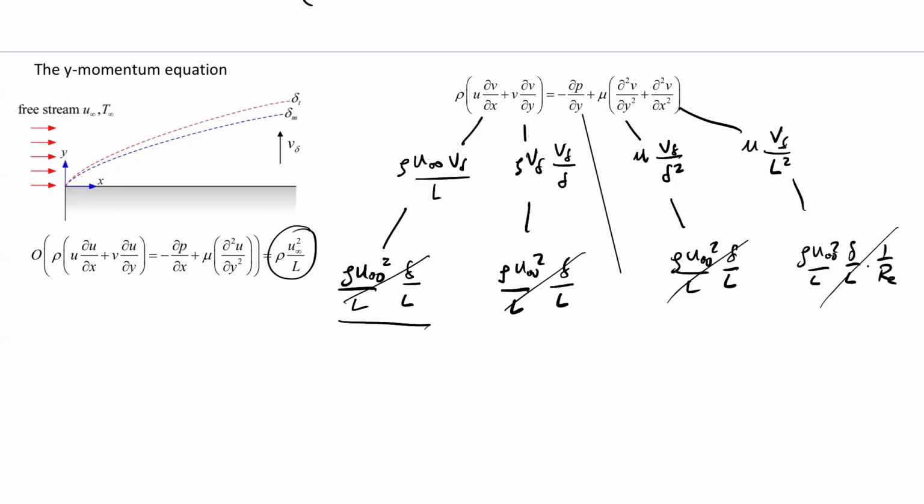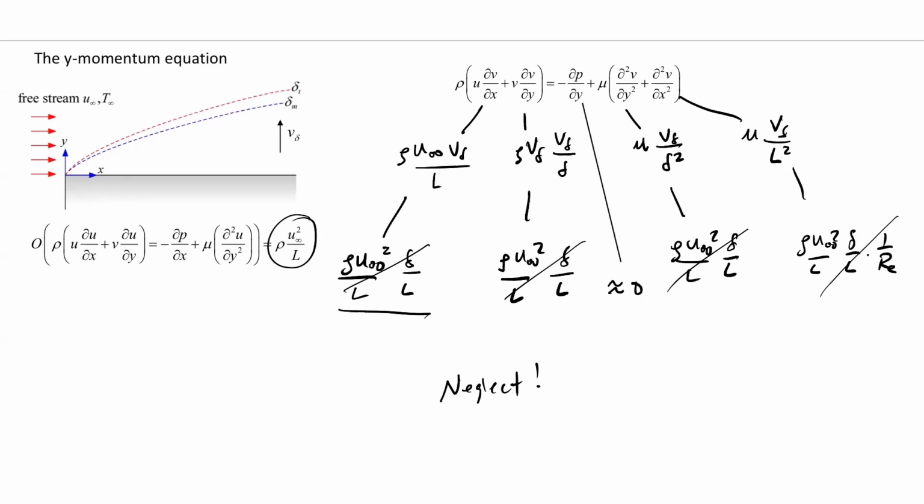It doesn't work. So all these things approximately go to 0. Our conclusion for this whole y momentum analysis is that we can neglect the entire y momentum part of this balance. Bottom line, we can neglect it.